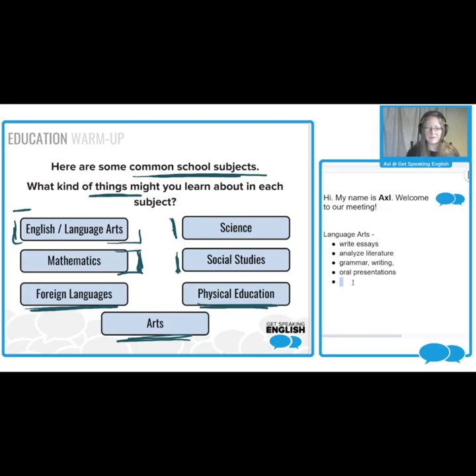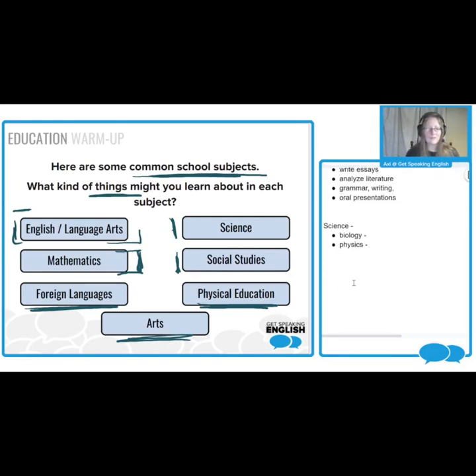Maybe under science, we might have a couple of really common topics. Biology, for example, the study of nature and organisms. Physics, maybe. Maybe also the Earth or the natural world, for example, the natural history of the Earth.